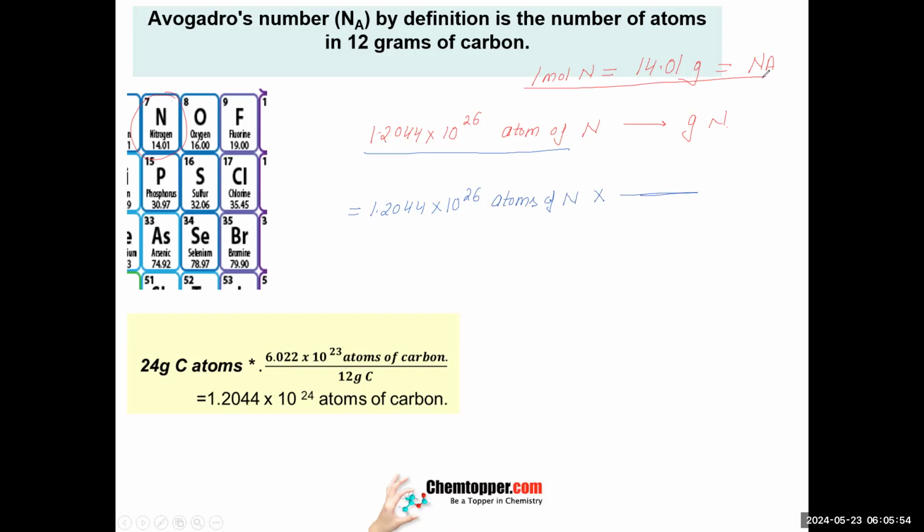I'm going from atoms of nitrogen to moles of nitrogen because that's the ratio I know, that 1 mole of nitrogen is Avogadro's number. I can use this also: 14.01 grams of nitrogen divided by Avogadro's number. So what's the answer? And here your answer will be in atoms.